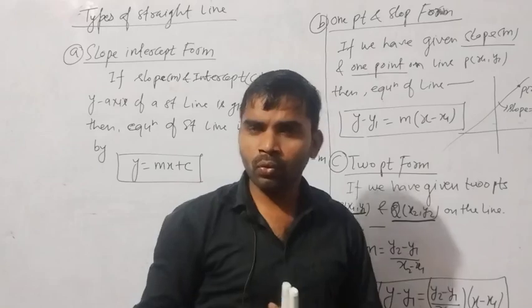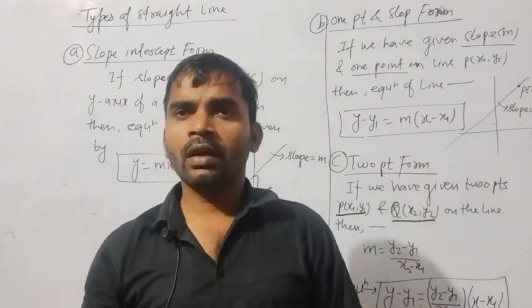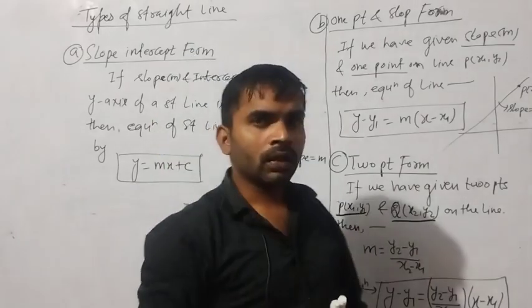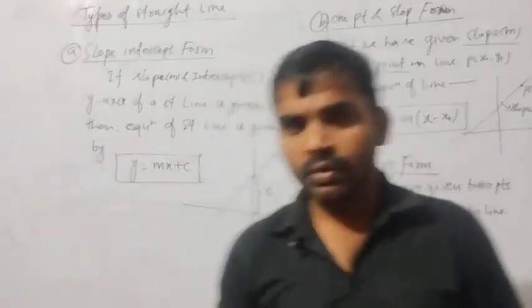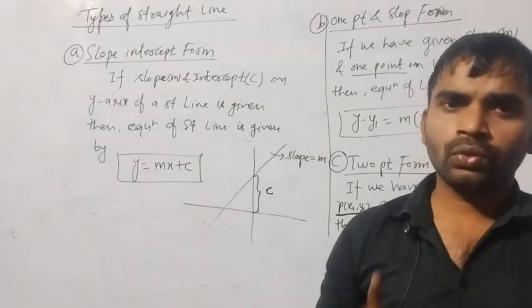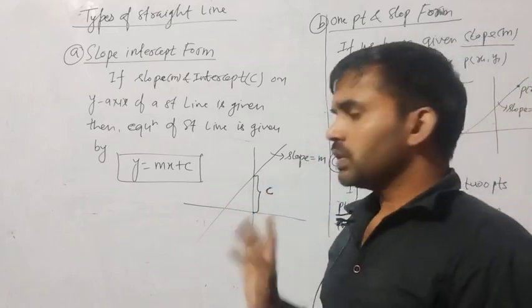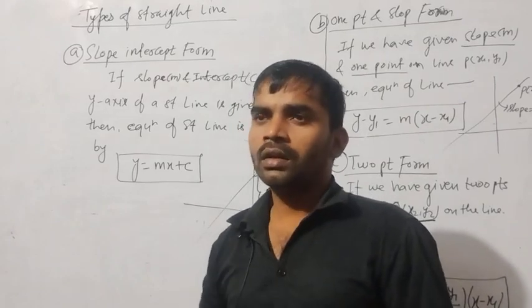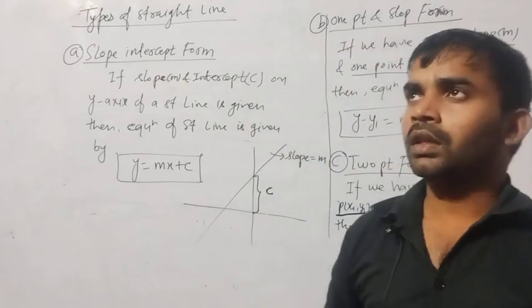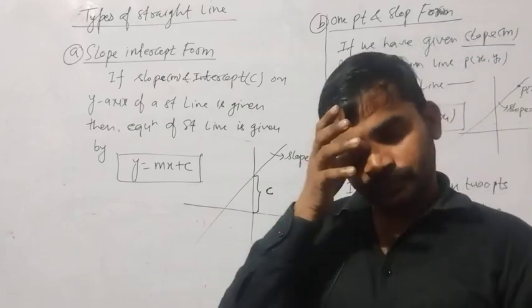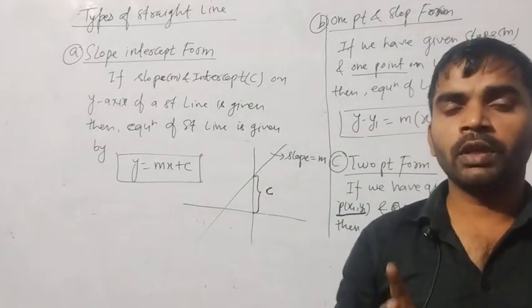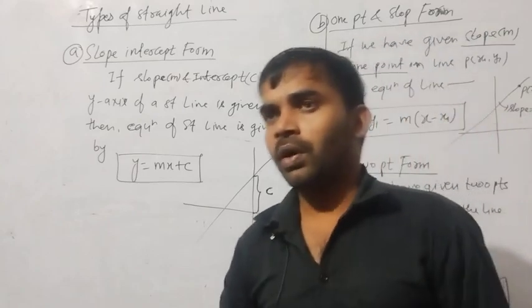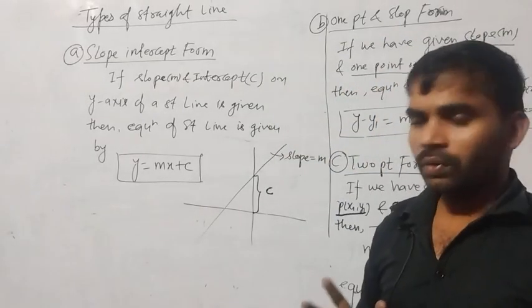Without 2 pieces of information we cannot write an equation or draw a graph of a straight line. So keep this always in your mind. If you want to draw or write the equation of a straight line, then you must be given a minimum of 2 conditions about the straight line.